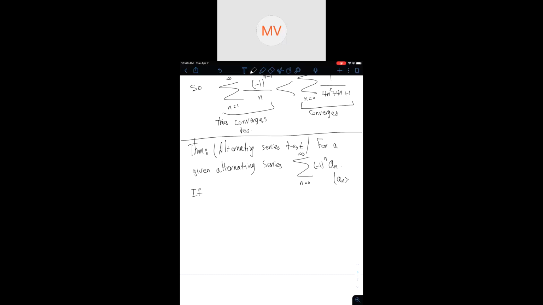By the way, we are assuming that a n is bigger than or equal to 0, right? If a n approaches 0, let me write it in terms of limit. If the limit of a n as n approaches infinity is 0, then the alternating series converges. That's it. Then the sigma converges.